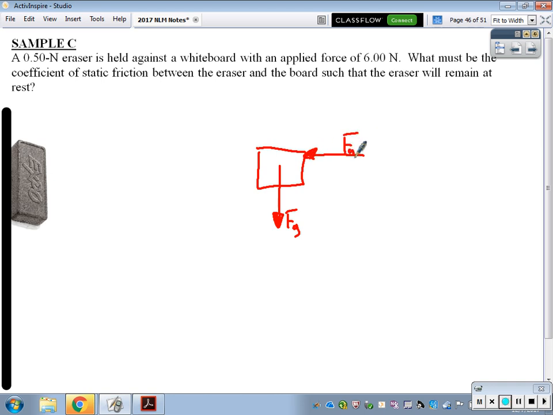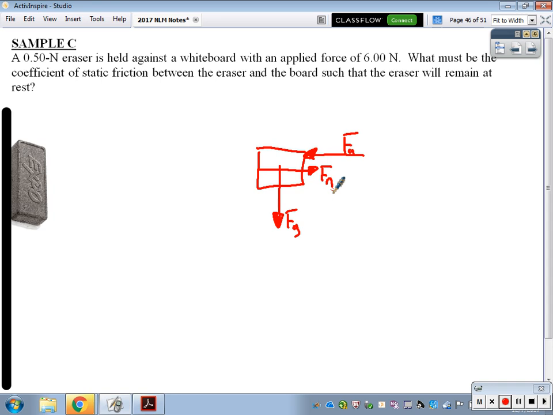Okay, Michaela, what's another force acting on this eraser? Normal force. Okay, where is that going to start? On the left, and pointing to the right. Absolutely, that is the contact surface, and that is where our normal force is going to be. Okay, one last one, Matt.